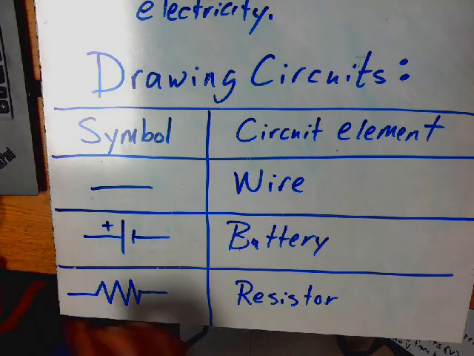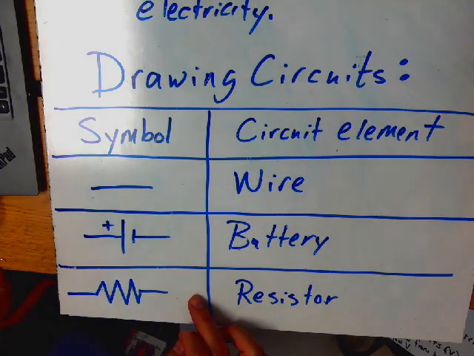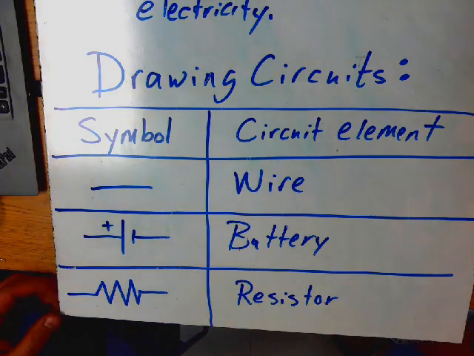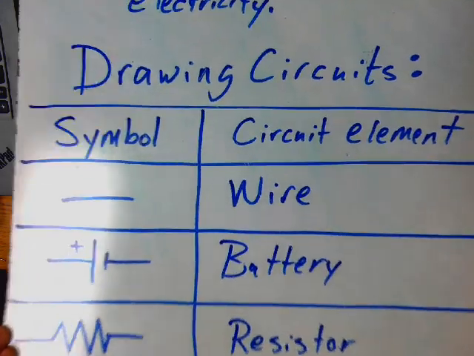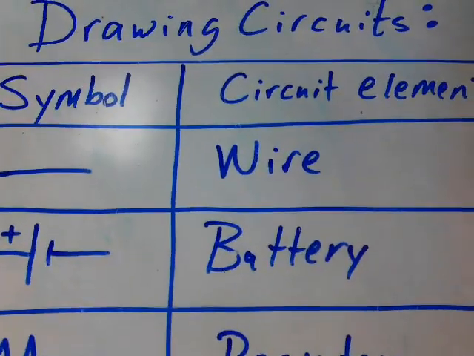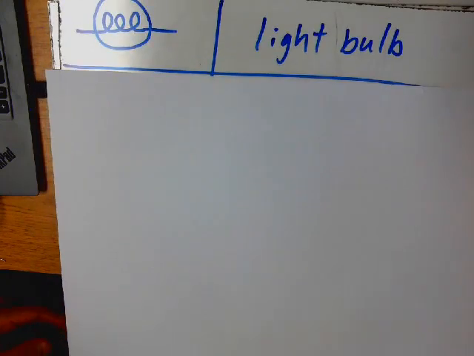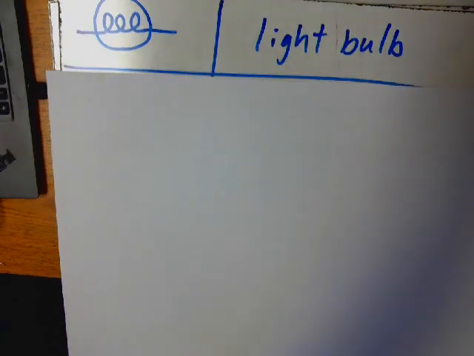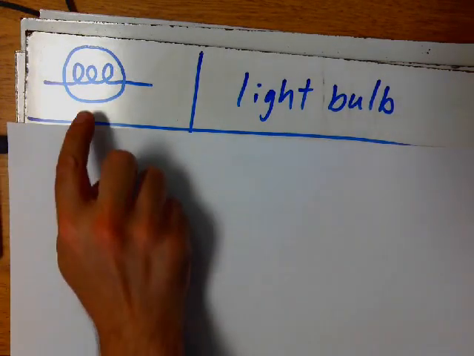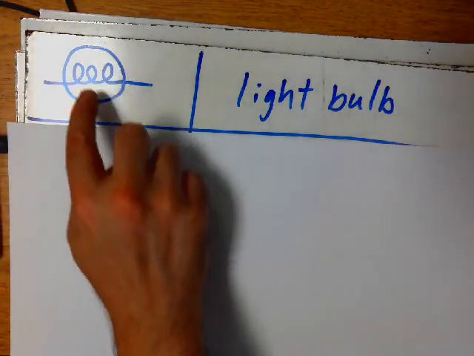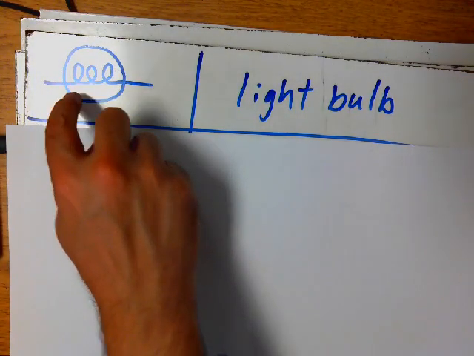Now, it'd be nice if I only had 3 things to draw for a circuit, but that's not the way it is. There's going to be a total of 5 things to draw. There's a fancy type of resistor that we call light bulbs. To draw a light bulb in a circuit, I'm going to draw basically 3 loops, and then we're going to put a circle around it.